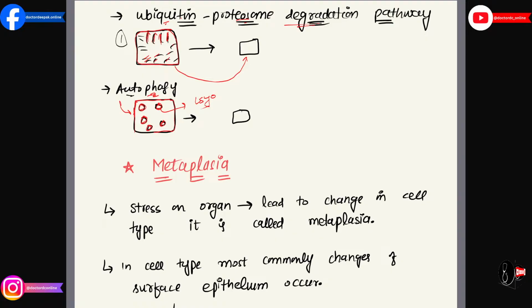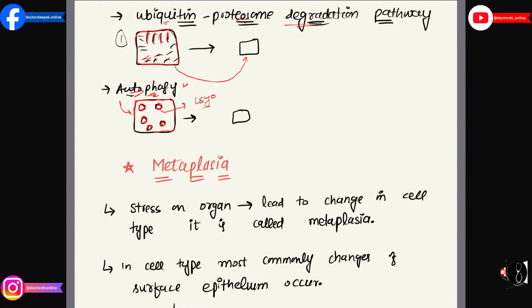So these vesicles will go into the lysosome, and the lysosomes will destroy these vesicles, and this is called autophagy. Basically, this is a process in which a cell undergoes vacuole formation, and these vacuoles fuse with the lysosome, and those lysosomes produce hydrolytic enzymes, and those hydrolytic enzymes destroy the cellular components. So this is the second process, which is called autophagy.